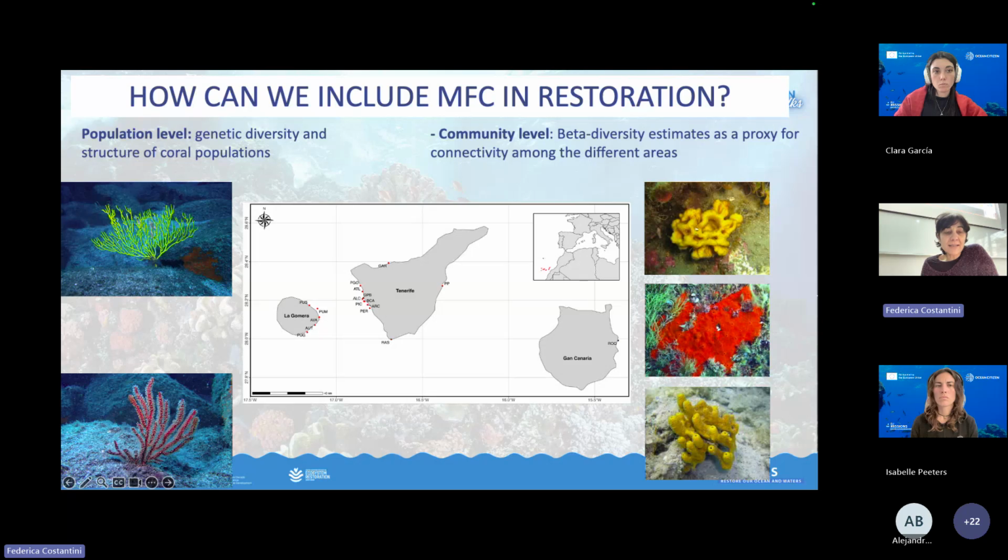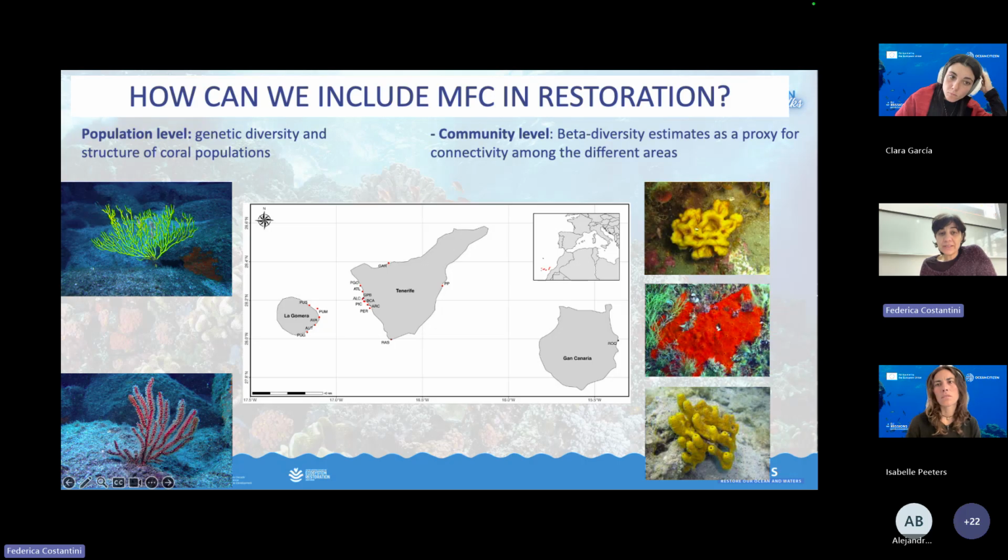This will allow us to identify the most variable populations in terms of genetic diversity, and to select the individuals, so the fragments of the colonies that will be used in the restoration plan.